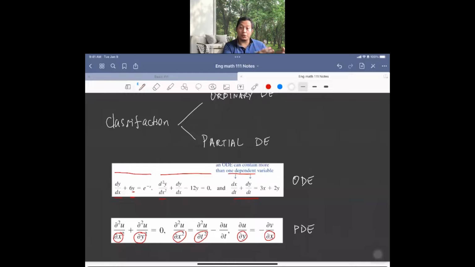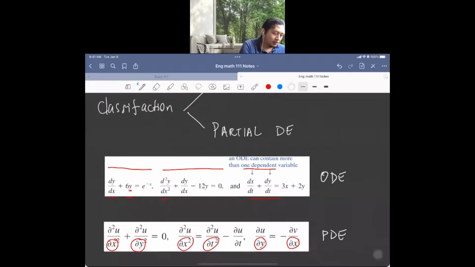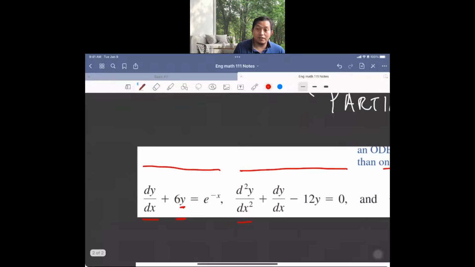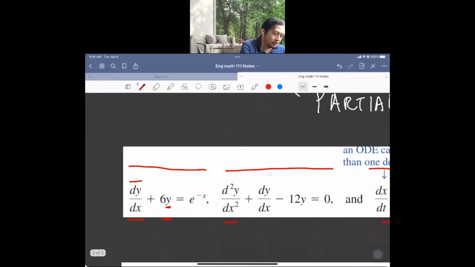Now another important thing, aside from this classification of which one is ordinary and which one is partial, is to classify by the order. If you see the first one here, this is just the first derivative. The highest derivative is just the first derivative. But let me use a different color.